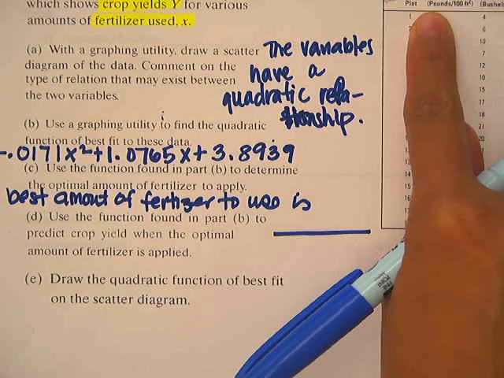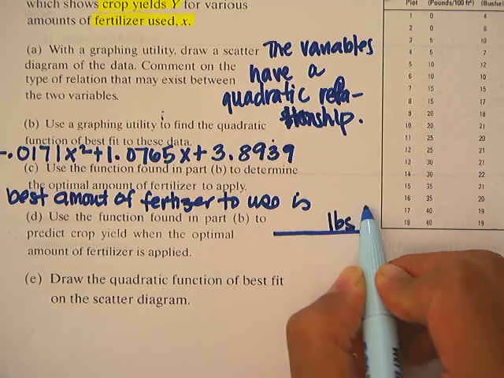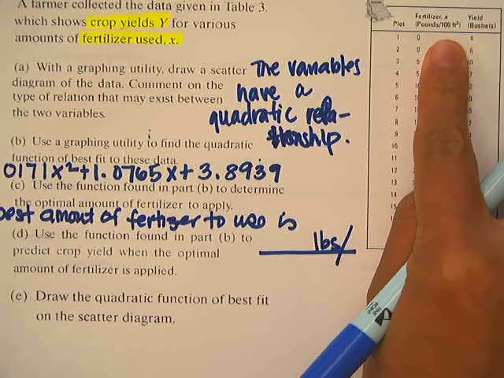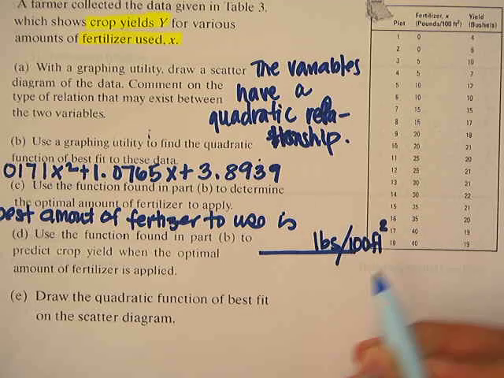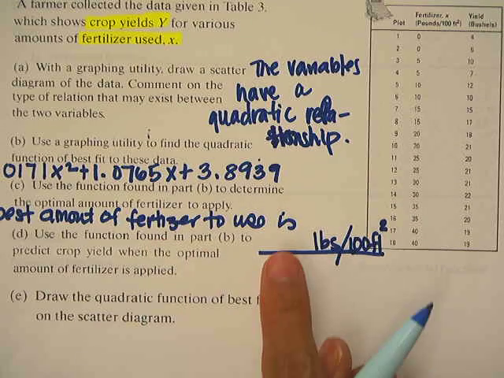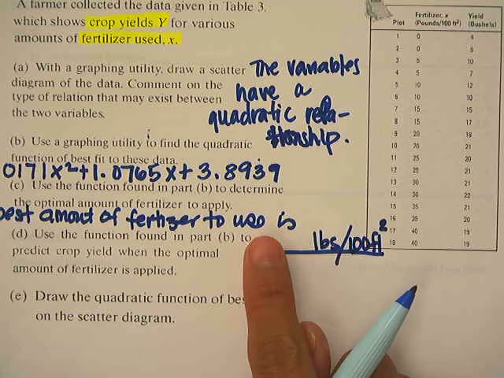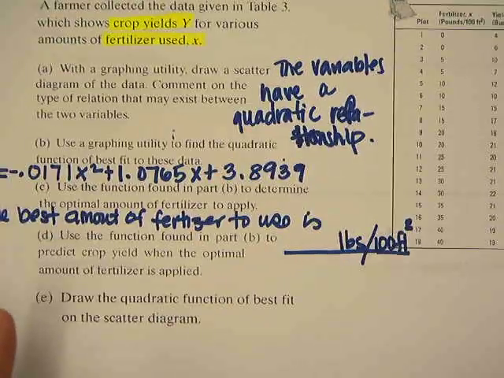Each fertilizer is measured in pounds, so we write pounds, LBS, for every 100 square feet. That is the unit of measurement for fertilizer. So whatever number you have here, that's a blank number of pounds for every 100 square feet.